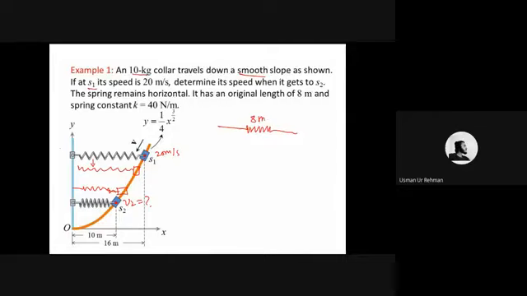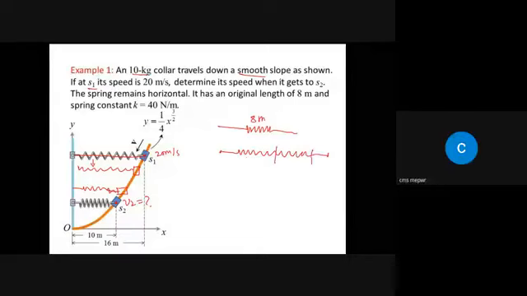How much is the length of the spring over here? 16, double. So at state 1, how much is the deflection? If this is 8, the total is 16, so the deflection is 8. So S1 should be 8, right?